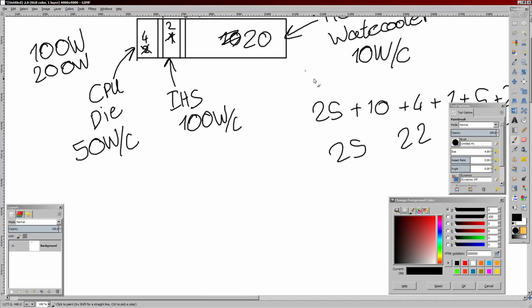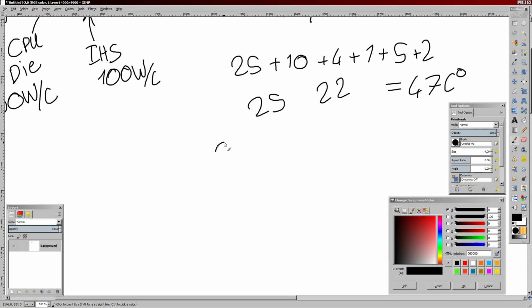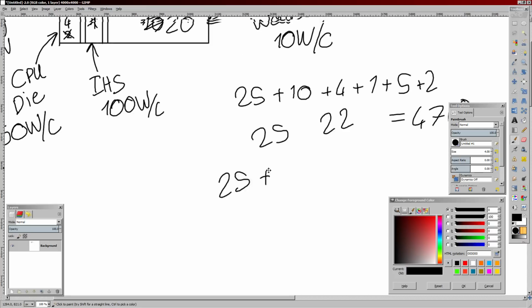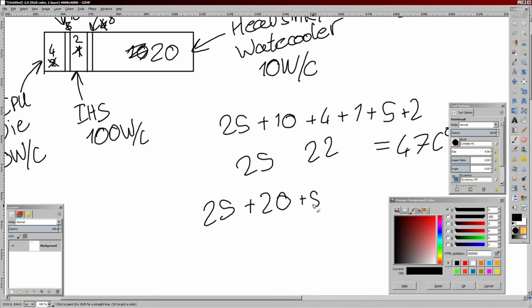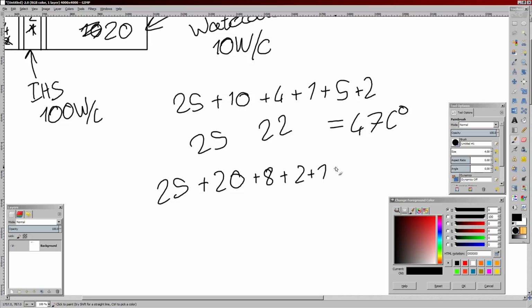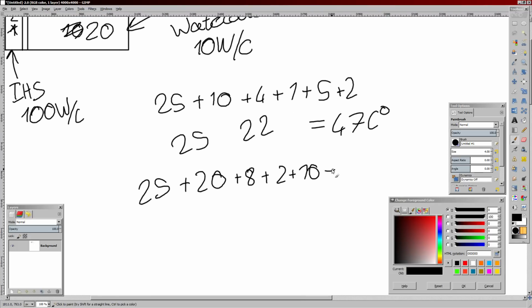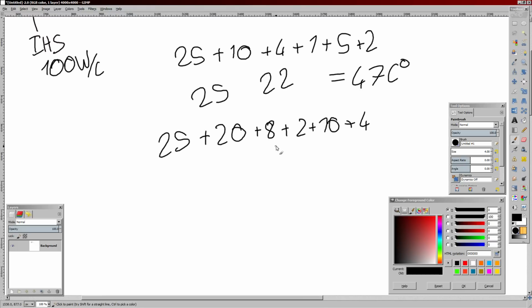So now we're getting pretty high temperatures, because we're going to be at 25 plus 20 plus 8 plus 2 plus 10. This is actually working all very nicely for me in terms of the math. So we have 10. Okay, so we have 44 degrees there, plus 25, and we get 69 degrees centigrade on the CPU.